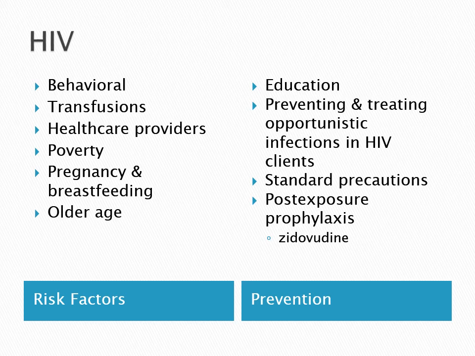Healthcare providers are at risk because of the exposure to blood and body fluids. Accidental needle sticks can increase the chance of contracting HIV if it was obtained on an HIV patient.